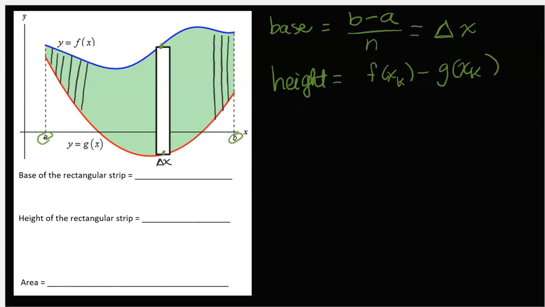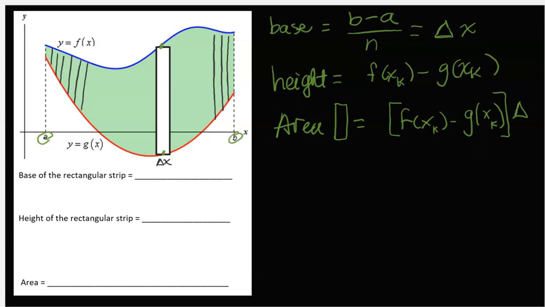Then what are we gonna do? The area of one rectangle is base times height, right? So it would be f of x sub k minus g of x sub k, that's the height, times the base, delta x. Now we are going to add up a bunch of rectangles, right? There are n rectangles in there.